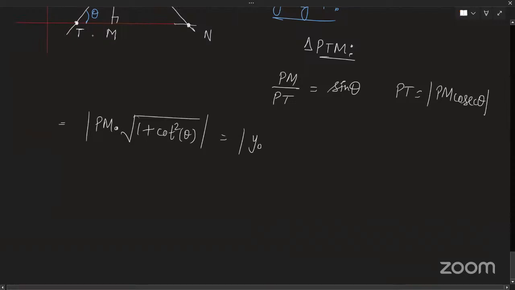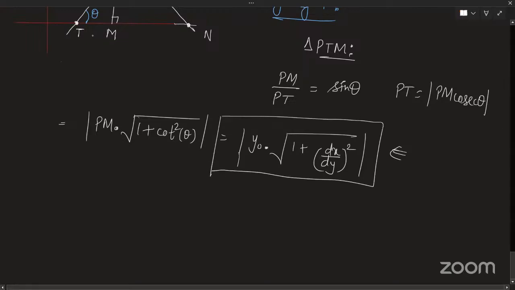So mod of y naught, PM is y naught, square root of 1 plus dx by dy whole square. Great. So this is my length of tangent. Just mark this as length of tangent.